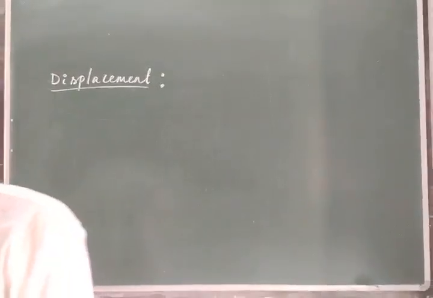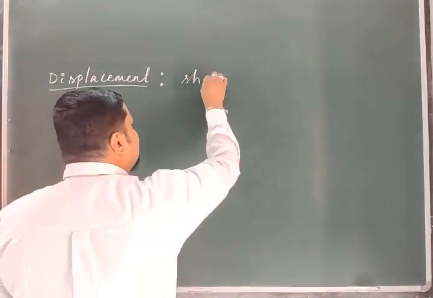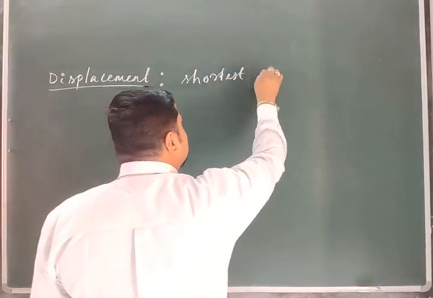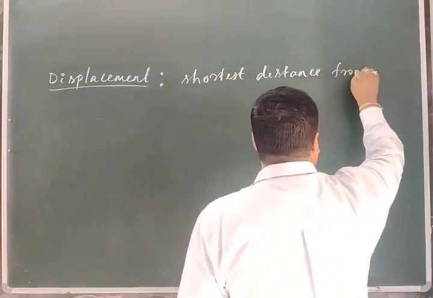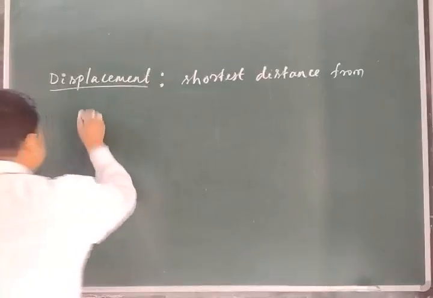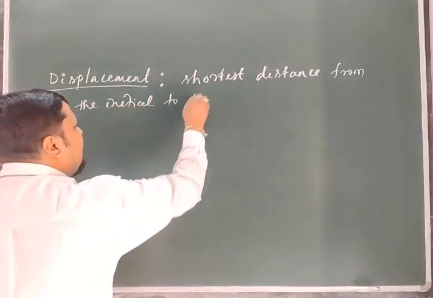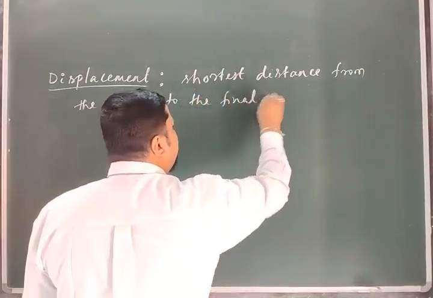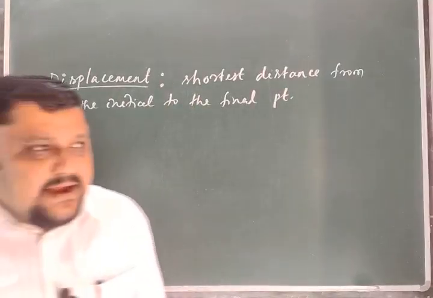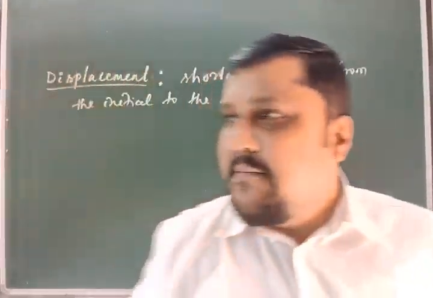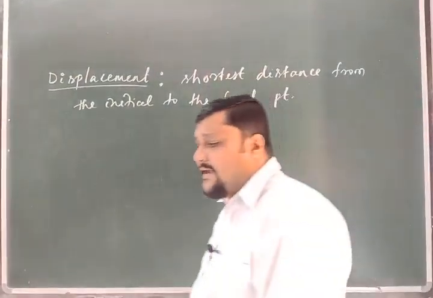So it is the shortest distance from the initial to the final point. That is called the displacement. The shortest distance between the initial and the final point is called the displacement.